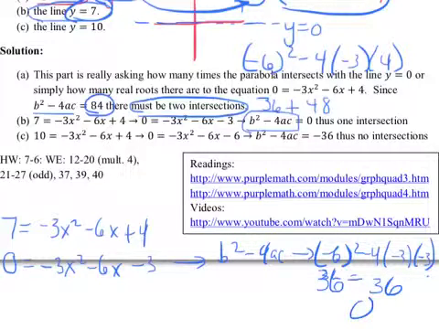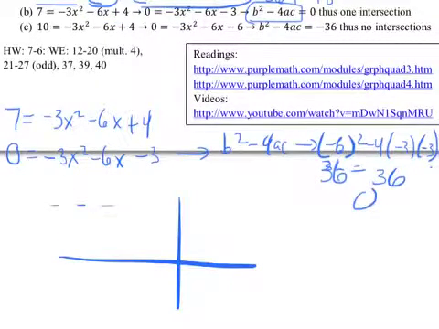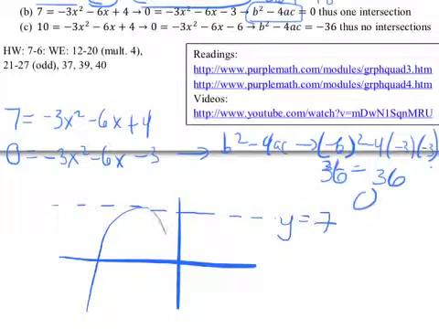When the discriminant is 0, we have a graph that looks like this. So here's the line y equals 7, and the graph has got to be tangent. I do know that since the discriminant is 0, there's only one intersection. So it's tangent to the line y equals 7.